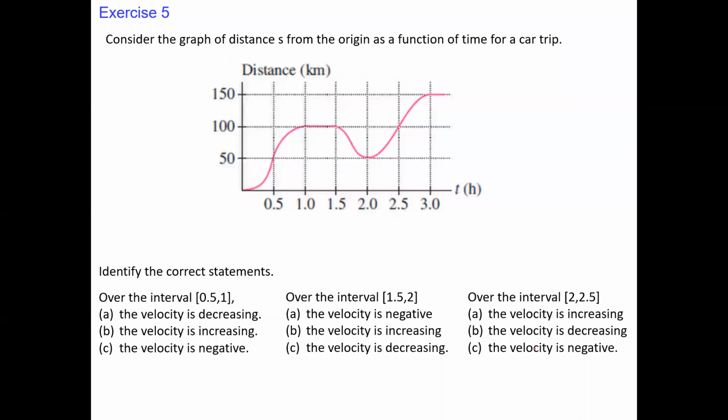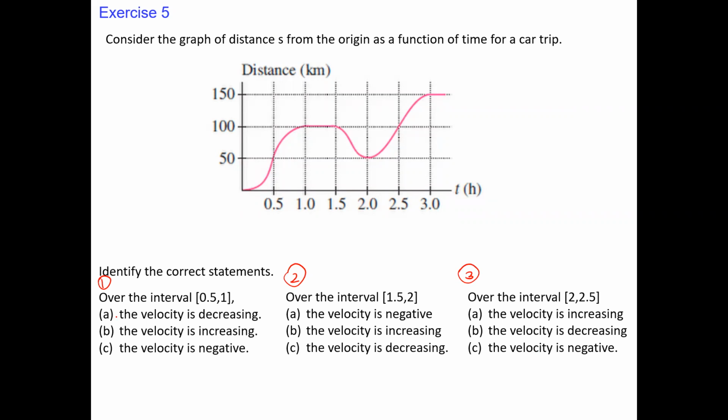Consider the graph of the distance s from the origin as a function of time for a car trip. So we can see nicely the shape. Time in hours, distance in kilometers. And we have three questions, 1, 2, and 3. And we have to figure out which option is correct, A, B, C, for each of them.